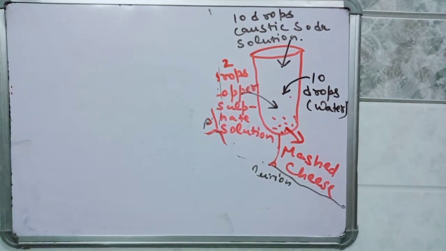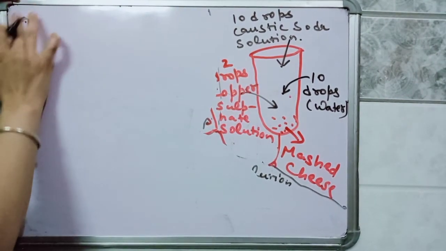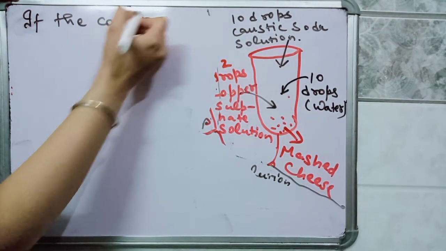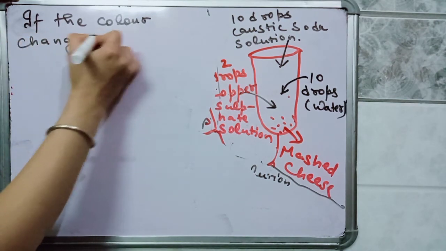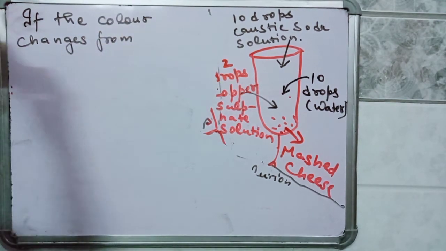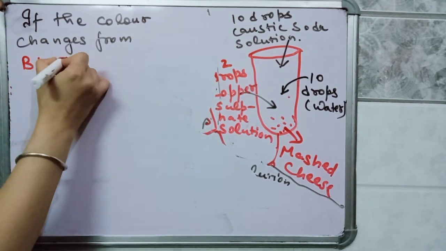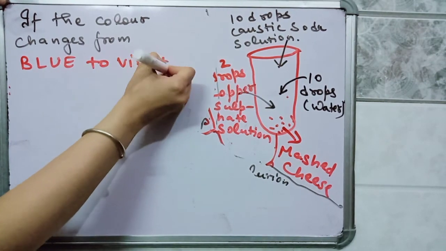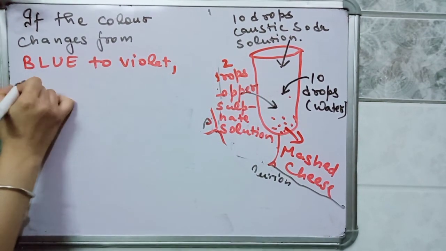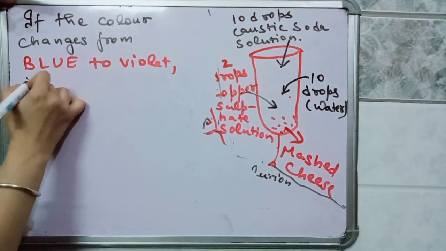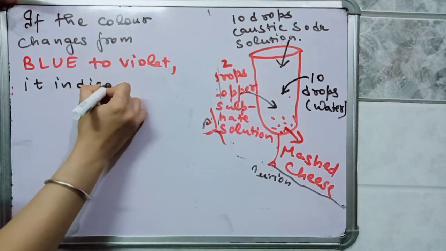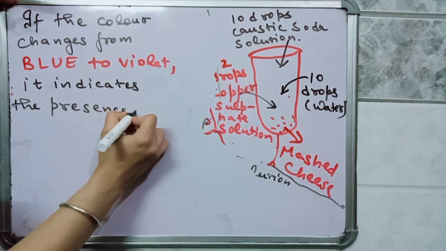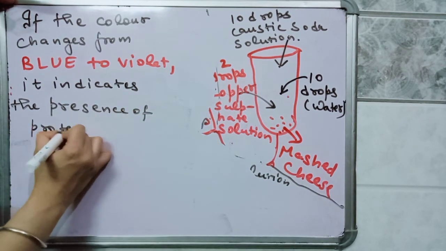Then if the color changes from blue to violet, it indicates the presence of proteins.